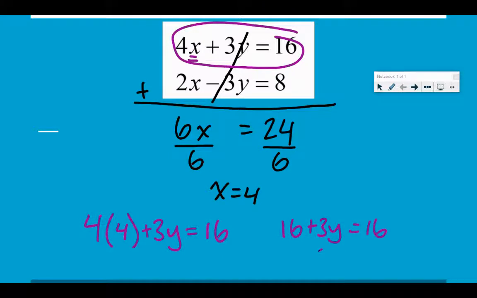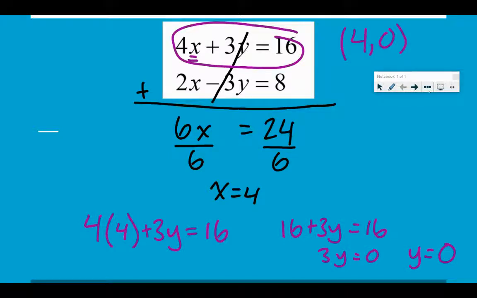Subtract 16 from both sides, and then divide both sides by 3, and you get y equals 0. So x equals 4, y equals 0 is our final answer.